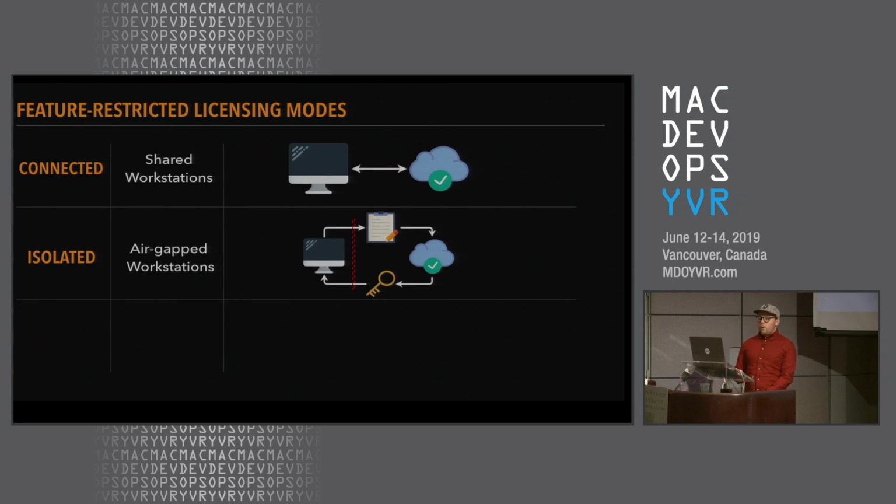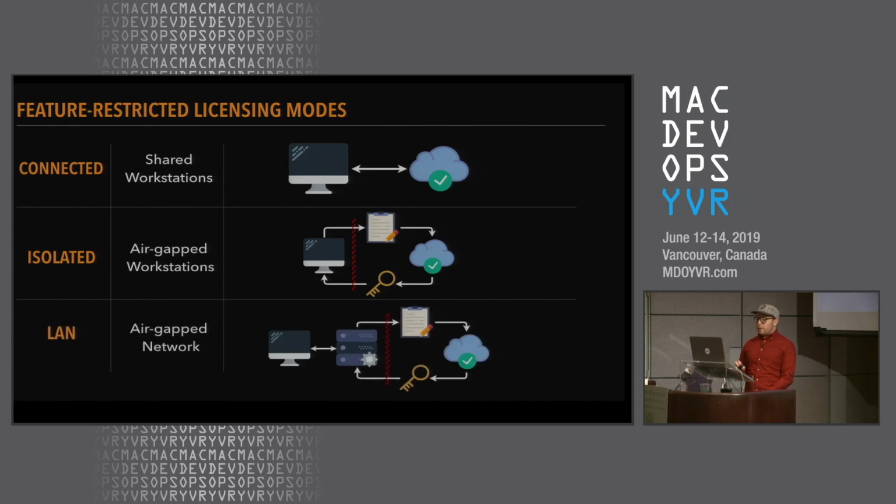So there's one more. Adobe has not made this official, but they have given me permission to talk about this. It's called LAN activation. As far as I know, there's only like 2 customers of Adobe that are actually using this. I think they are both departments of the United States government that I probably shouldn't say any more about. But the way it works is that they let you run an on-prem license server, essentially.